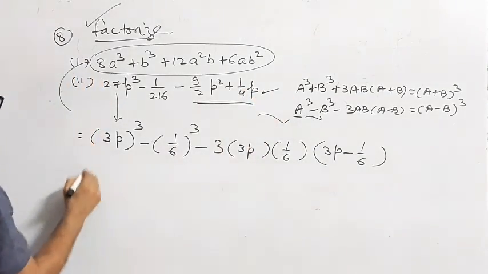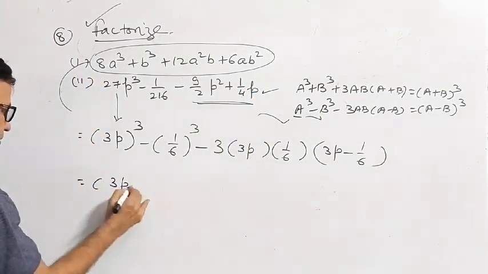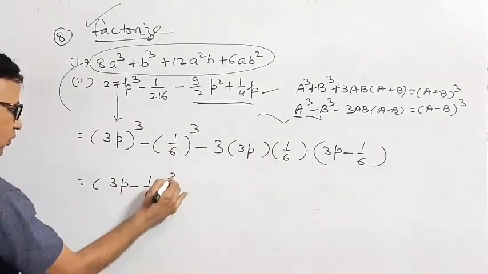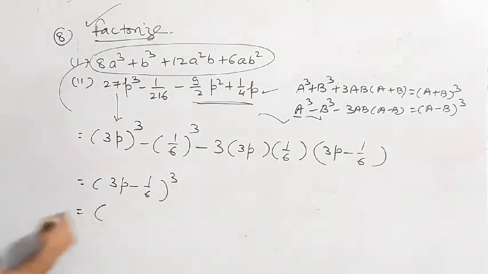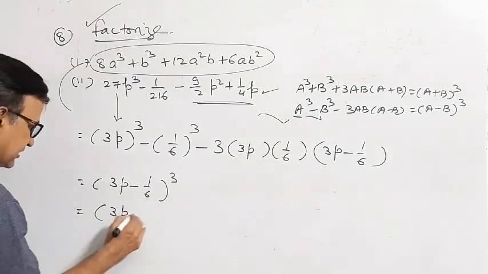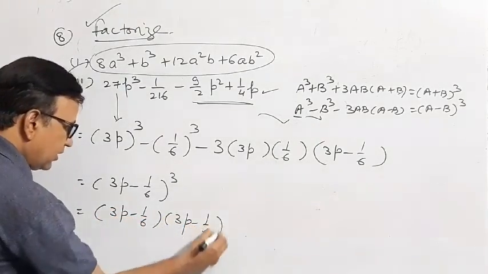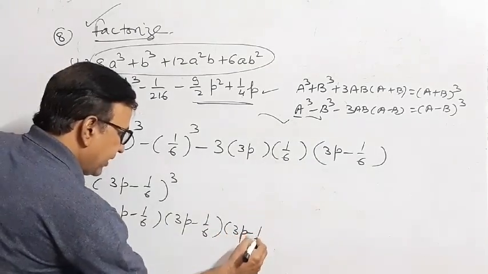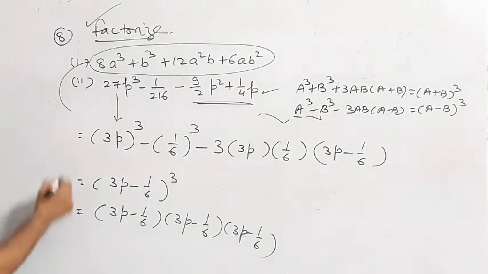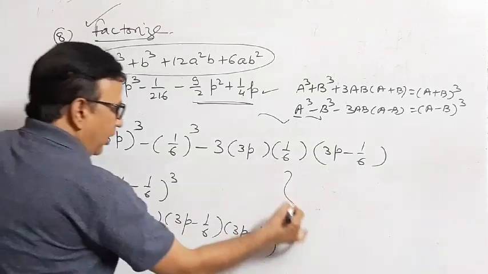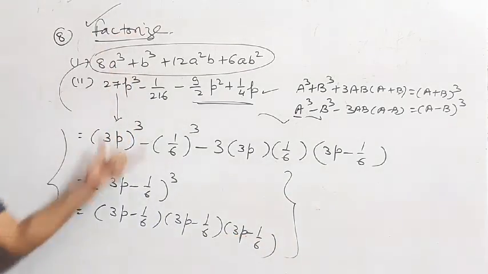So it gives you (3p minus 1 by 6) whole cube, and simply write 3 times (3p minus 1 by 6), then (3p minus 1 by 6) and (3p minus 1 by 6). So this depends on your identity and we can find the factorization.